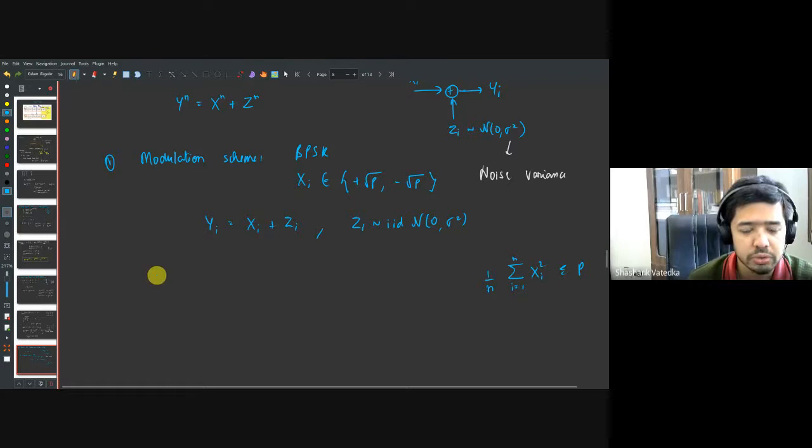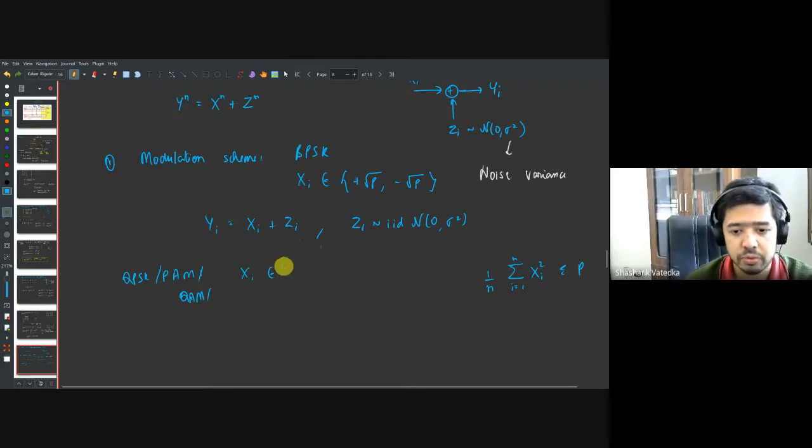Let's assume that you use QPSK or some QAM, or in general some PAM, QPSK, QAM, any constellation, it doesn't matter what the constellation is. So each symbol comes from that particular constellation.